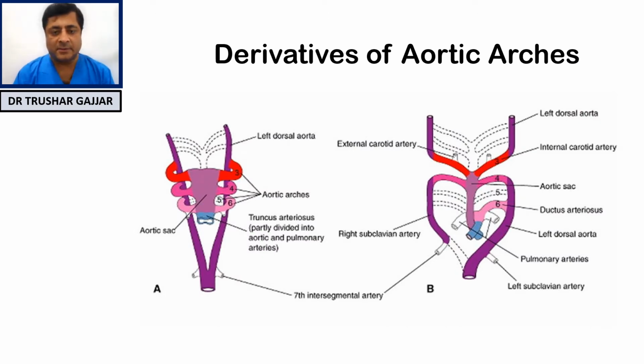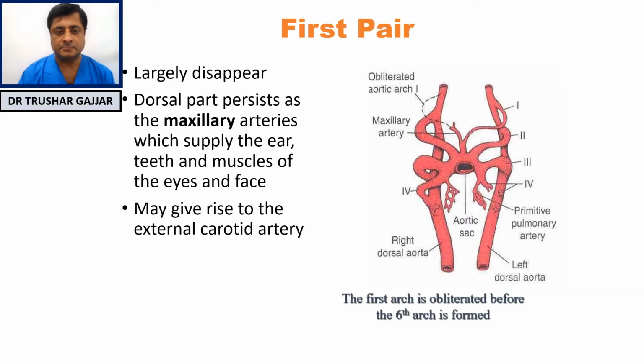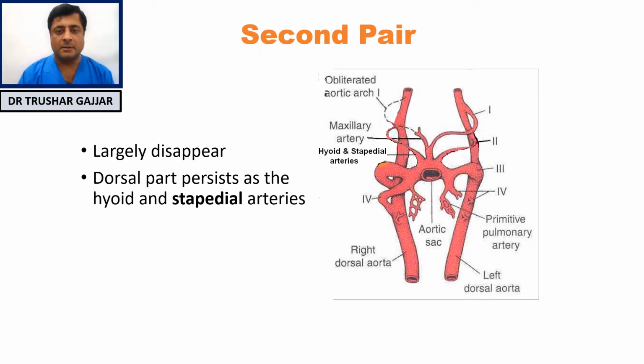So we'll see one by one the derivatives of aortic arches. The first pair of the aortic arch on either side mostly disappears. It will form only the maxillary artery. The second pair also disappears and it forms only the stapedial artery and the hyoid artery.